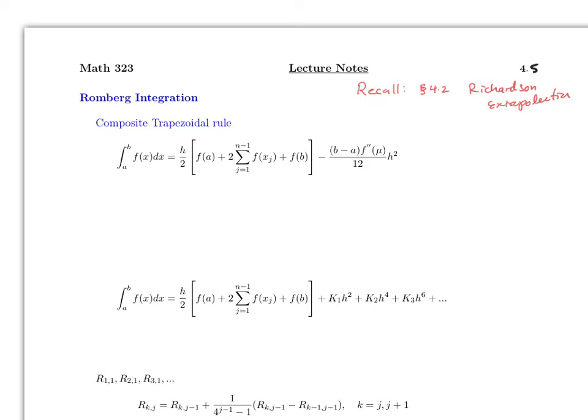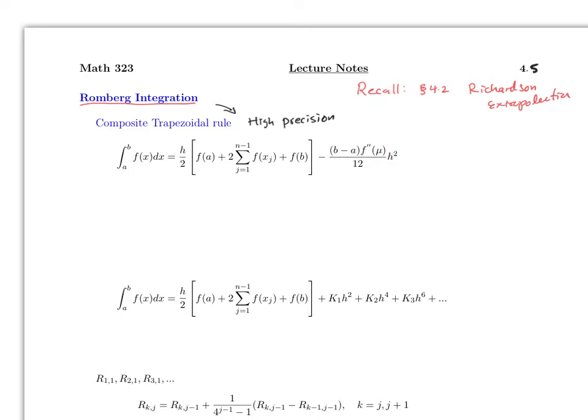So what we're going to do in this section, technically, is apply Richardson extrapolation to integrals. We're going to focus specifically on the composite trapezoid method, and the idea of the Richardson extrapolation, which is going to be called Romberg integration now, is that we're going to get high precision, and remember here precision is related to the value of h.